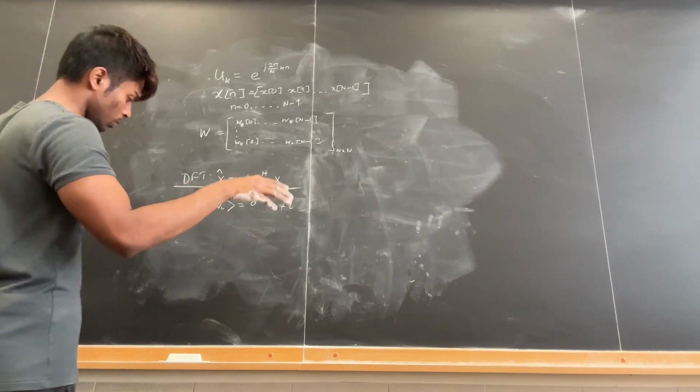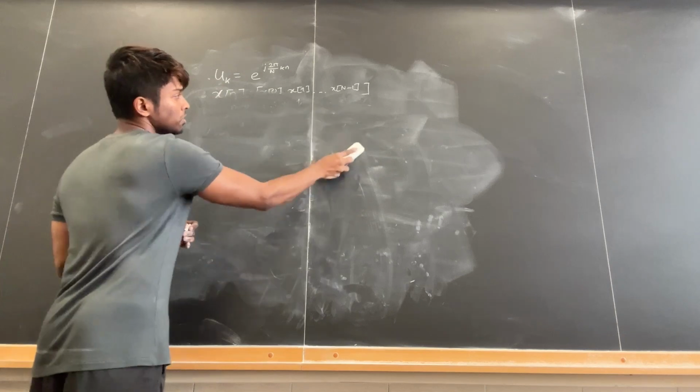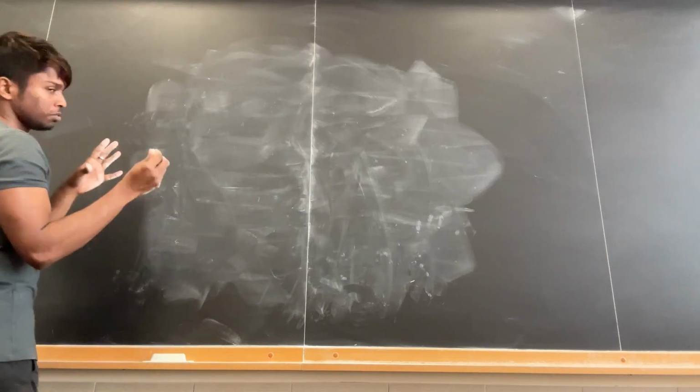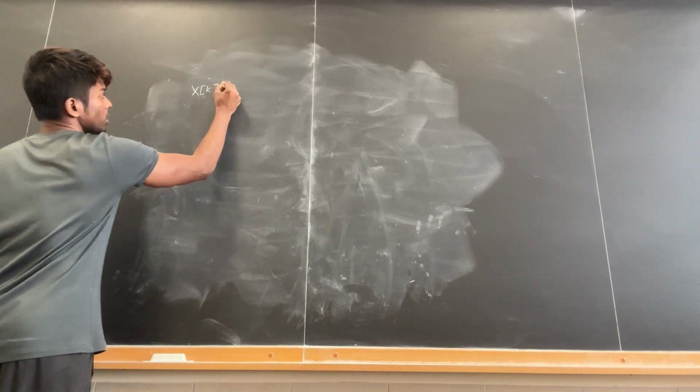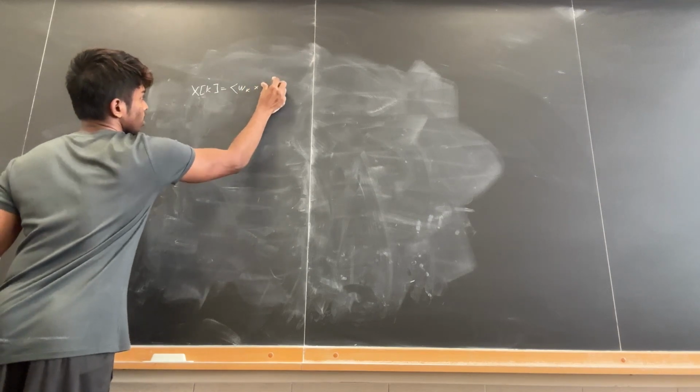Now let's rewrite certain things and then understand what the inverse Fourier transform is. The discrete Fourier transform X[k] is the inner product between Wk and x.